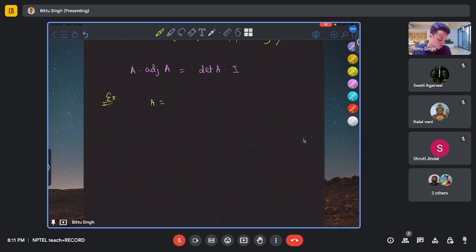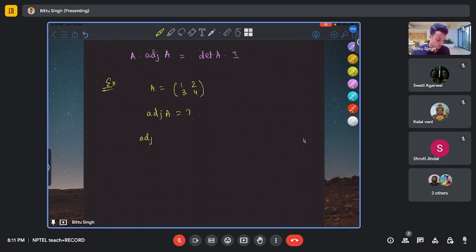A equal to 1, 2, 3, 4. Then what will be the adjoint of A? The adjoint of A is the transpose of the cofactors of these entries. So it will be 4, then 3. If you consider 3, it will be 2. If you consider 4, it will be 1.